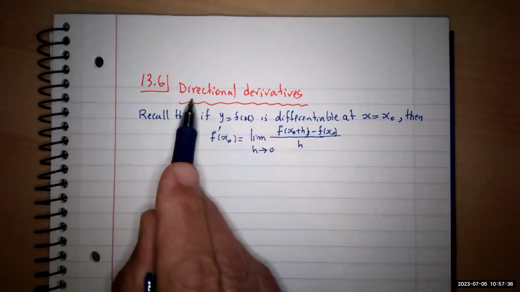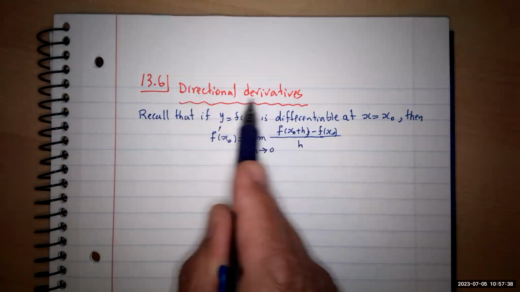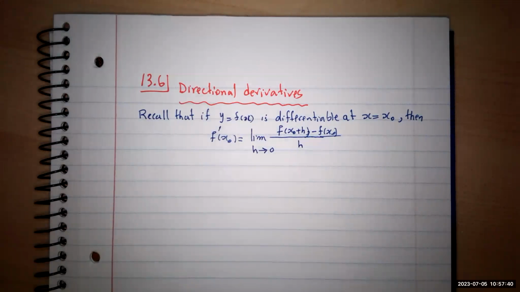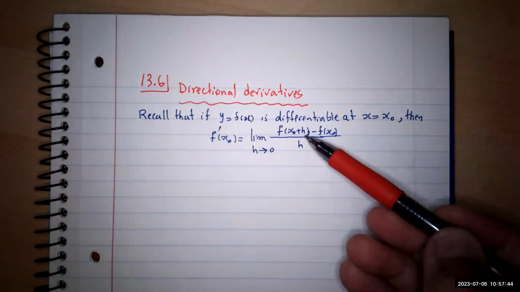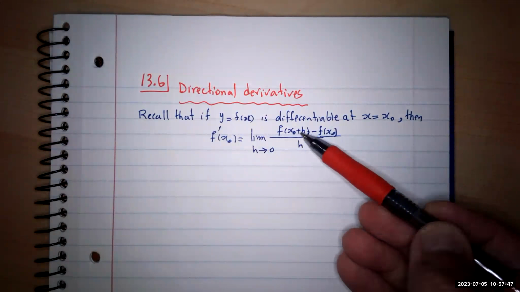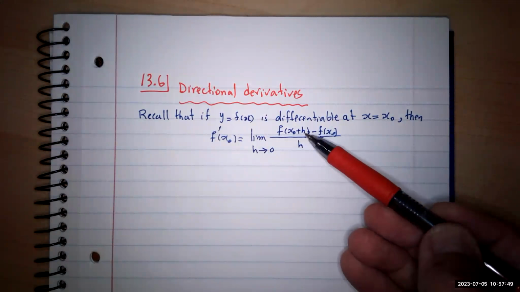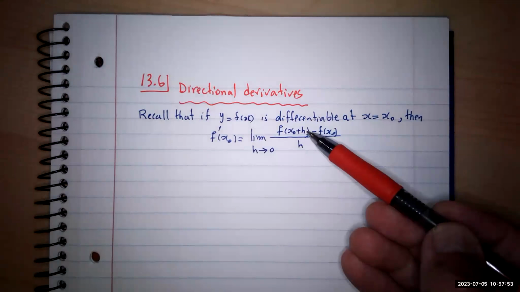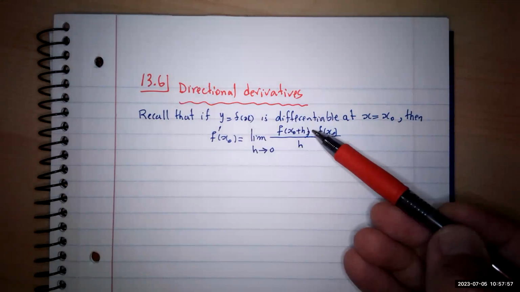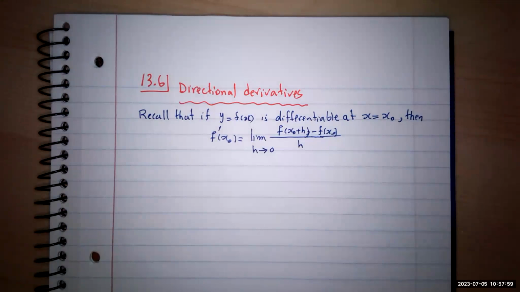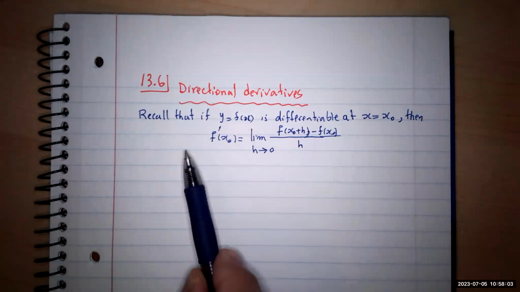So that's why they call it directional derivatives. We're going to find the derivative, but in the direction of a vector that I'm going to pick that makes sense if I add these together. So instead of h, I am going to use a scalar multiple h times a vector, so h times u, when u is a unit vector. So that's the purpose of this method. So we got this one.